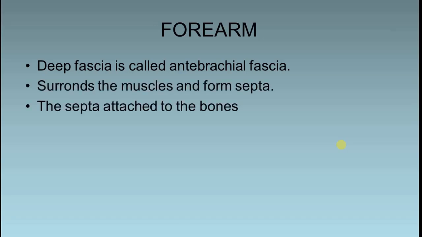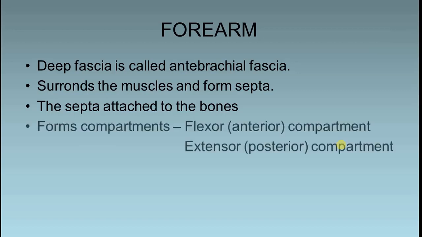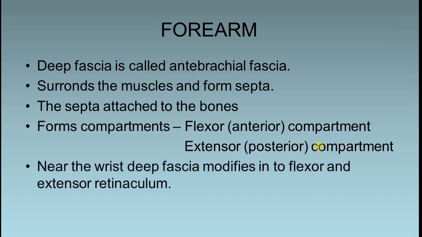After surrounding the muscles, this fascia also forms septa, thereby the forearm gets compartmentalized into the flexor compartment and the extensor compartment. The flexor compartment is the anterior compartment, and the extensor is the posterior compartment.